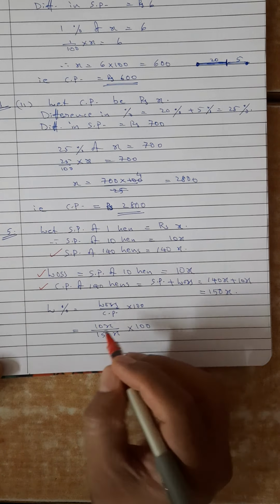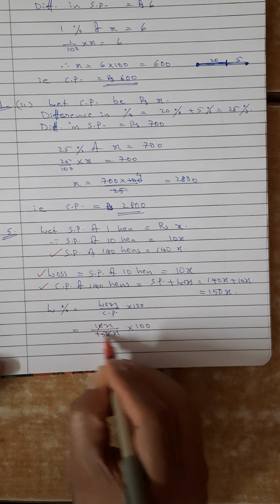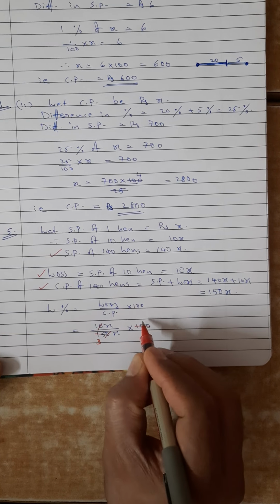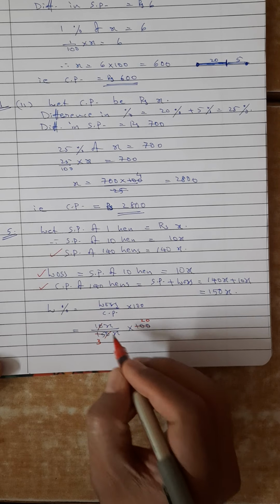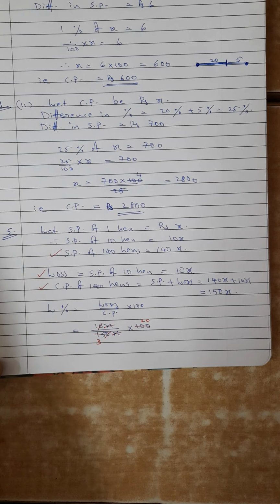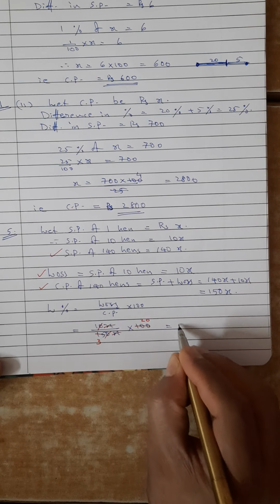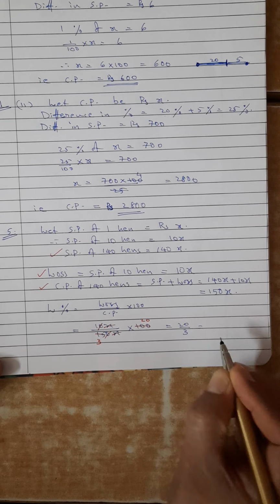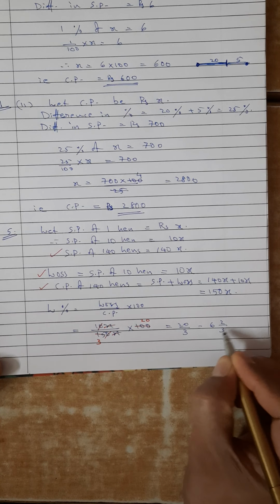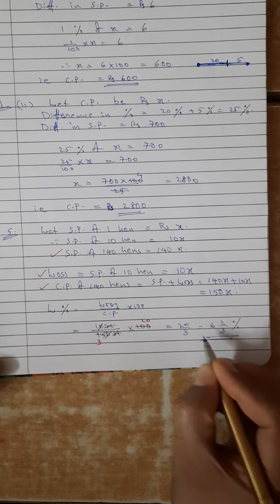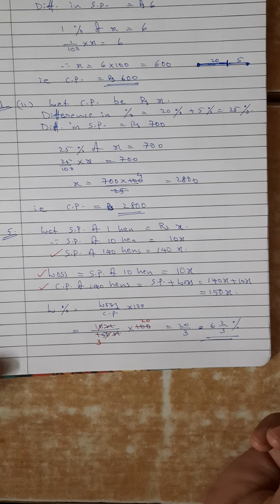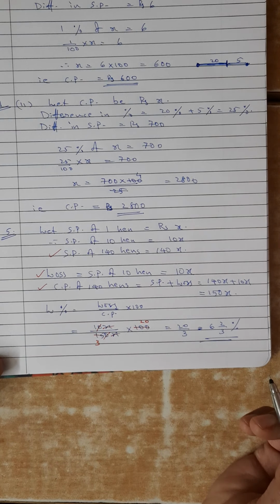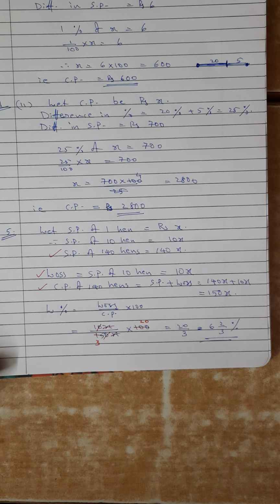Cancellation: 0 and 0 cancel. 5 threes are 15, 5 twos are 10. X also cancelled. 20 by 3, that is 6 2/3%. 6 2/3% is the loss percentage. I hope it is clear.